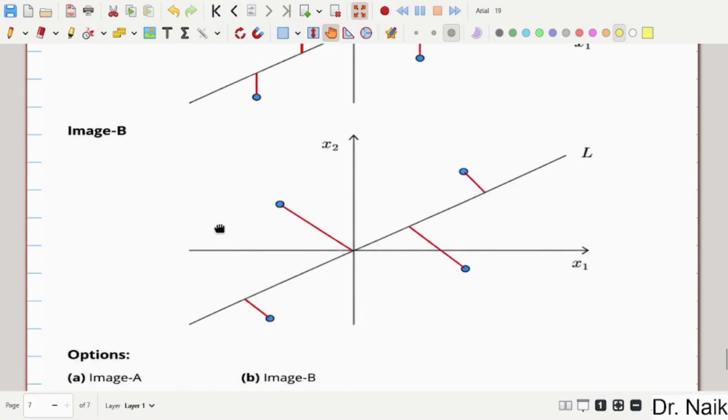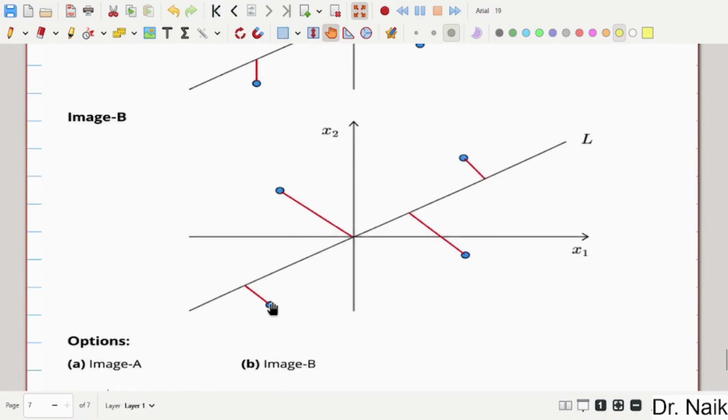Now see image B. Is this red line perpendicular to the line L? Yes, therefore it is residue. Is this red line perpendicular to the line L? Yes, hence it is a residue. Similarly, these two red lines are perpendicular to the line L, therefore they are residue.